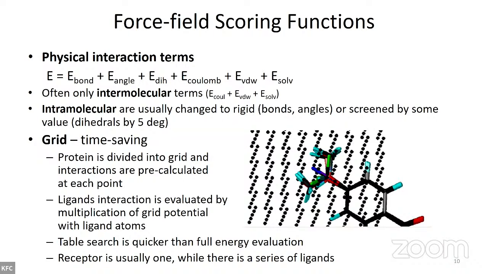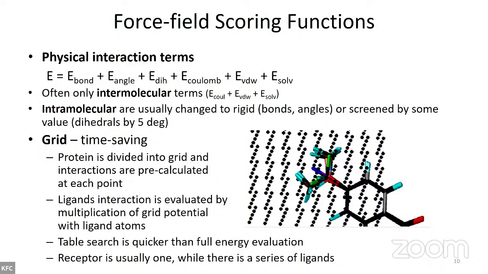Then when we put the molecules on it, we have the interaction energy much more quickly, because we don't calculate the real distances of that specific atom to every other atom within the protein. Instead, we look for the closest grid point, and we take this energy.